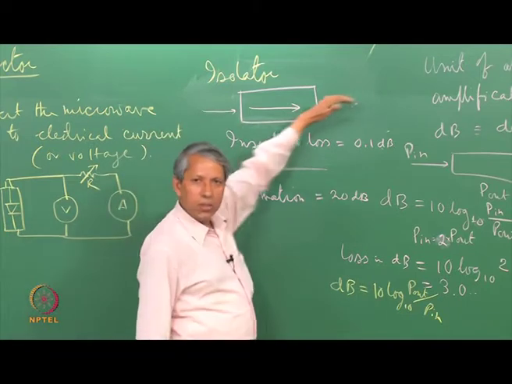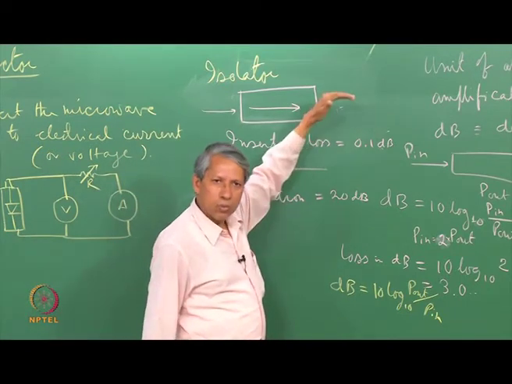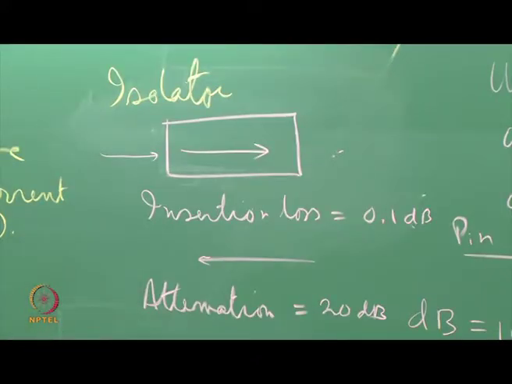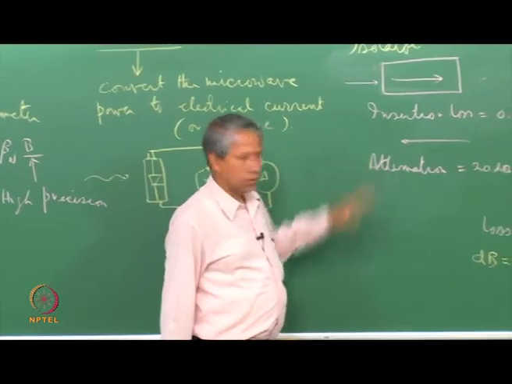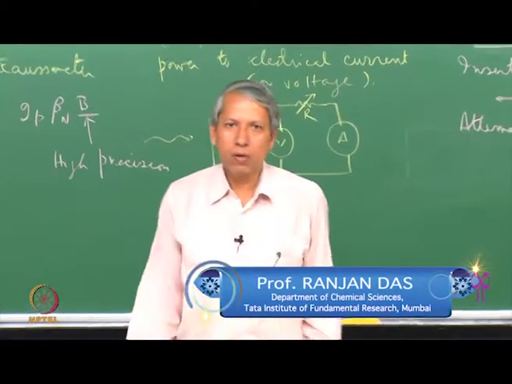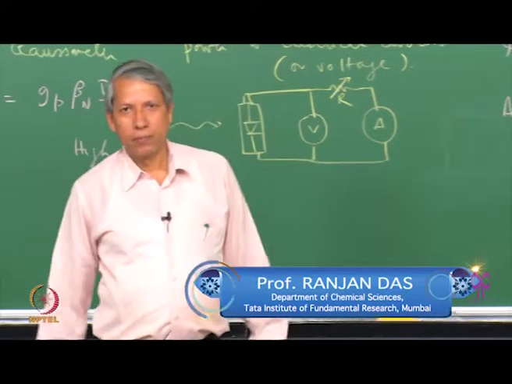It is a unidirectional device where microwave power is allowed to go through in one direction. Again, I am saying that these are relative or ratio measurements which give some idea about the characteristics of that. But sometimes we also like to mention the absolute power of the microwave radiation, and of course milliwatt is the unit.